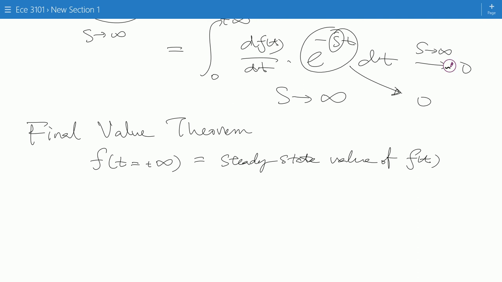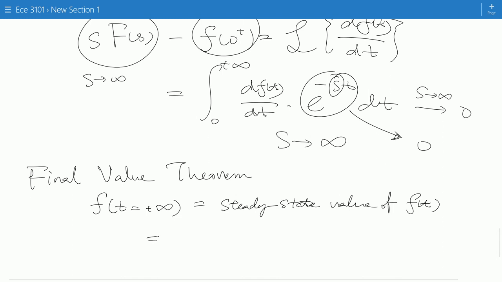In the same idea, instead of letting s go to infinity, we're going to let s go to 0.